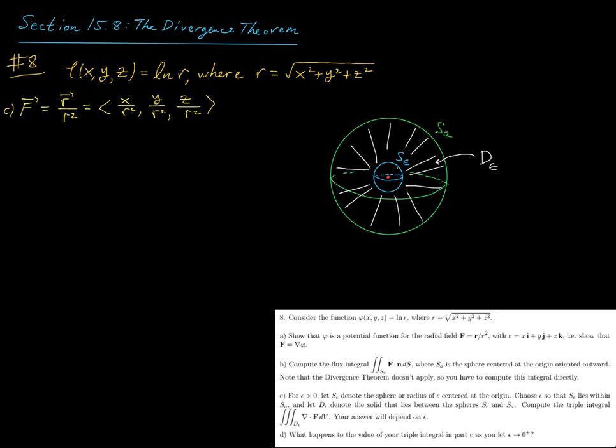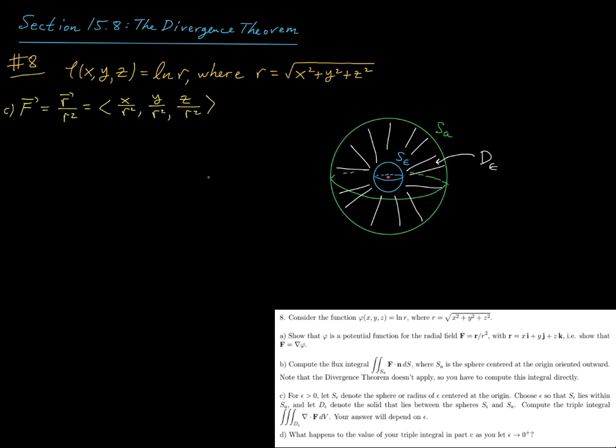So here's our S sub epsilon, and we're going to choose epsilon so that S sub epsilon will lie within S sub a. And we're going to let D sub epsilon denote the solid that lies between these two spheres. Our job is to compute the triple integral of the divergence of the vector field f over this solid region D sub epsilon. And it says your answer will depend on epsilon.